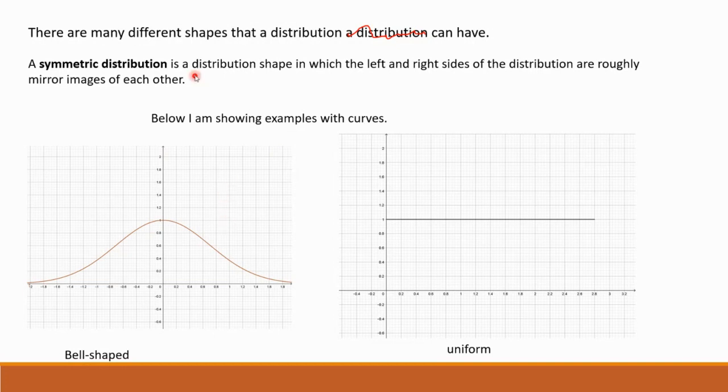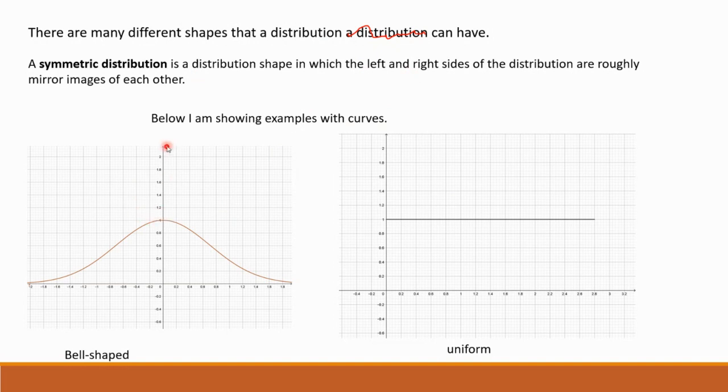A symmetric distribution is one where if you imagine folding about the center, the left and right hand sides match up. Or maybe a better way of saying that is where the left and the right hand sides are roughly mirror images of each other.